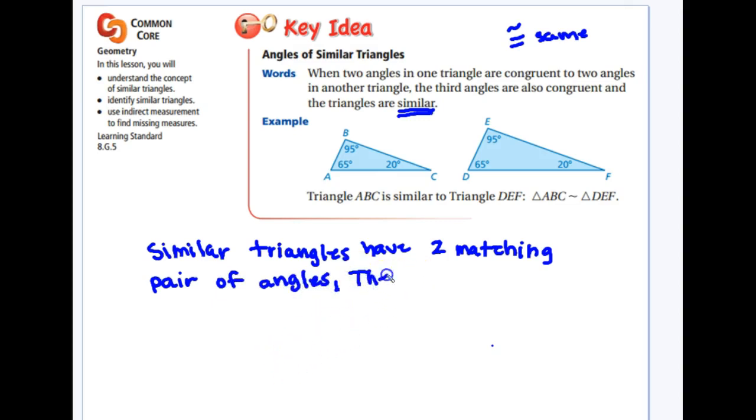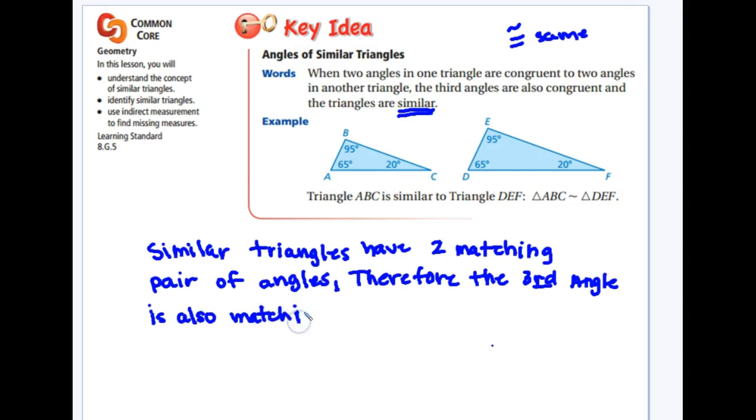Therefore, the third angle is also matching. Go ahead and add this to your notes. We'll pause the recording here so that you can copy this down and then continue when you're ready.